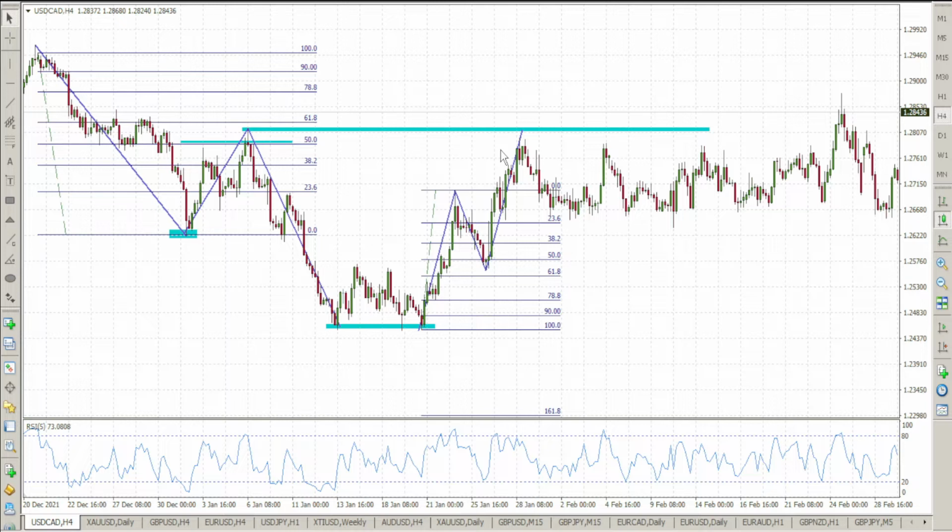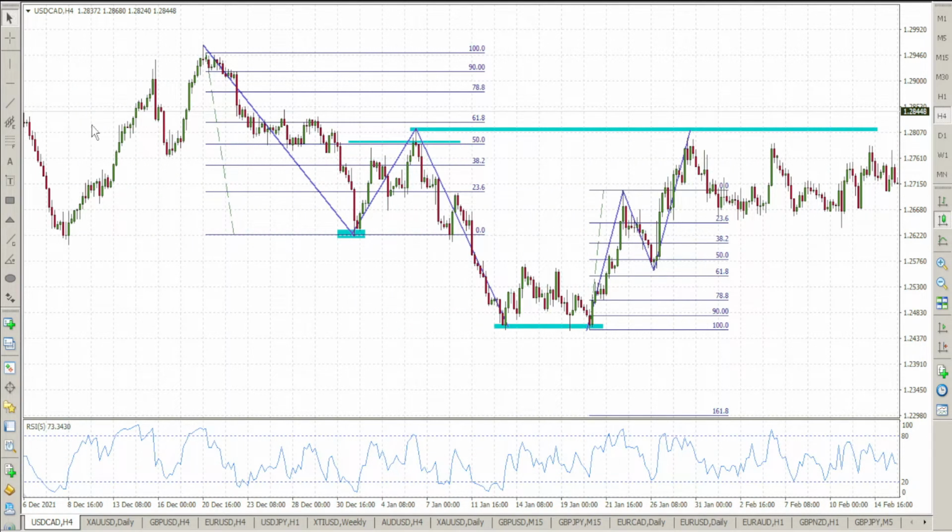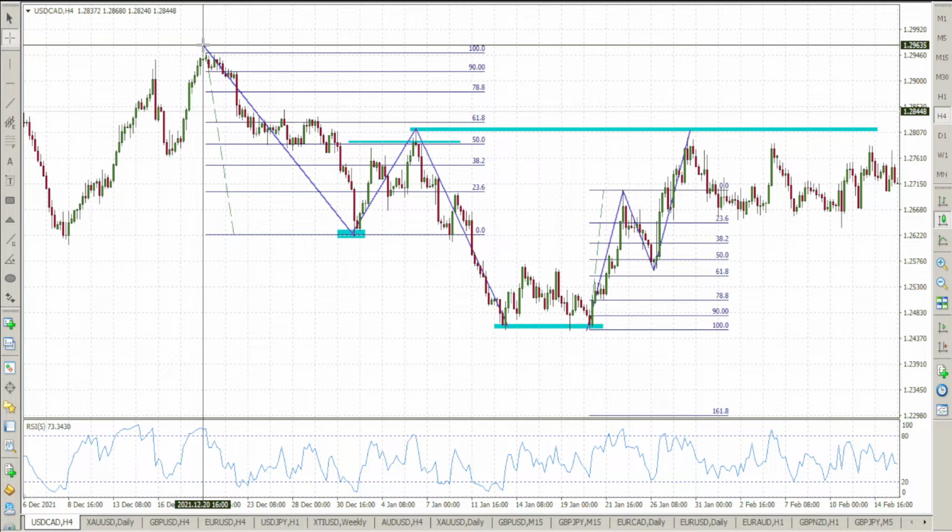That's what I'm going to discuss next: how you can add the ABCD pattern and combine it with the Fibonacci reversal points. Have a look at it. This trend started from here.